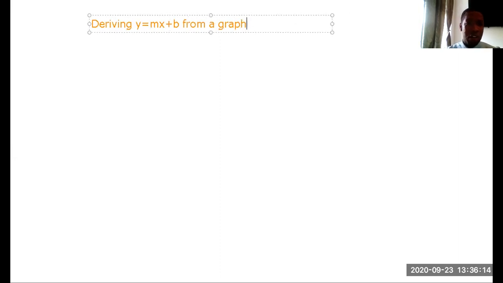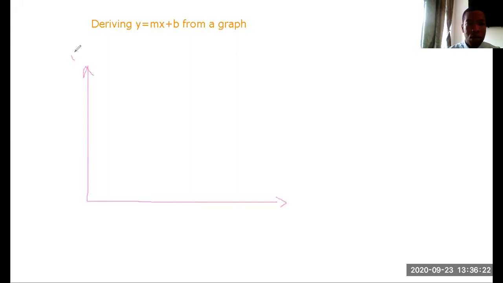So I'm going to come up with a graph right now. Very simple graph, really. Y, x, I'm going to just throw some values in. 1, 2, 3, 4, 5, 6. The origin is 0.